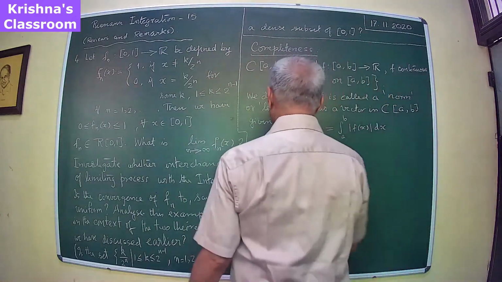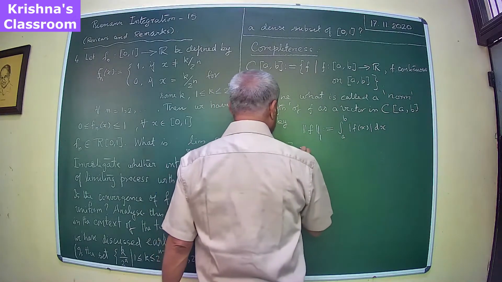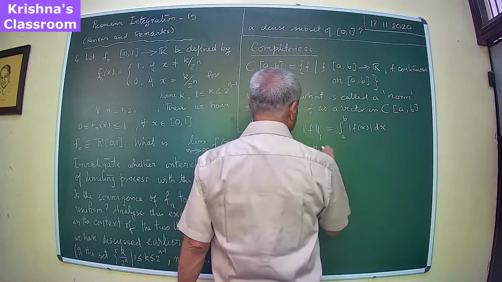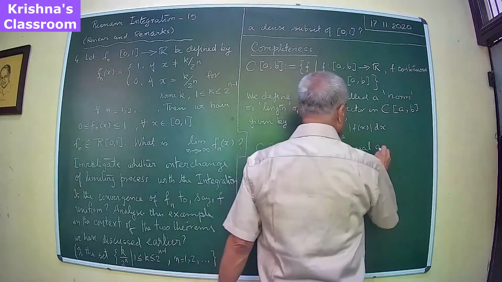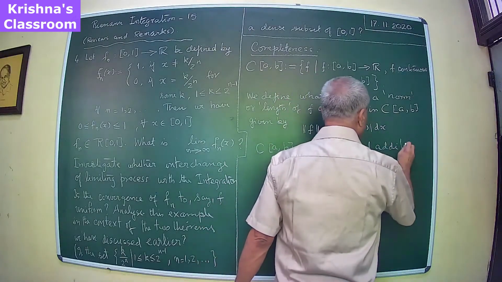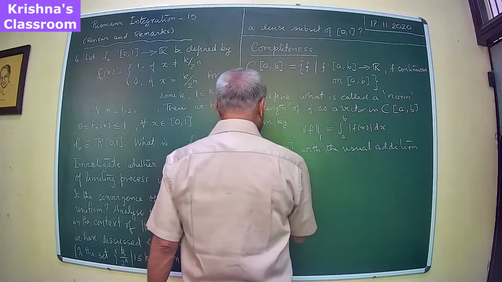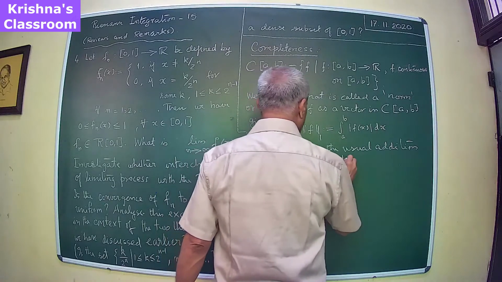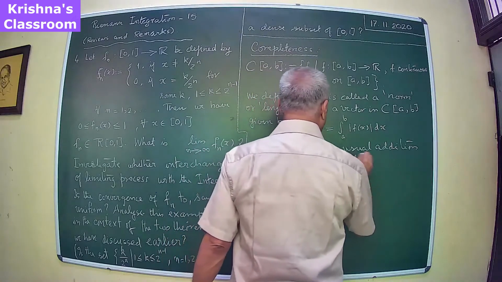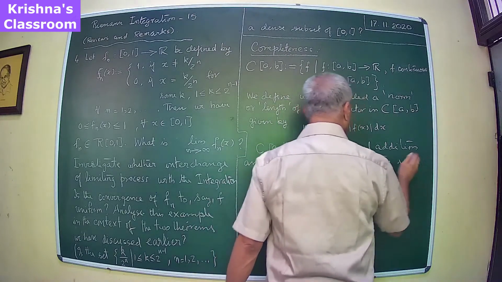Now you see, C[a,b], with the usual addition and scalar multiplication, is a vector space.